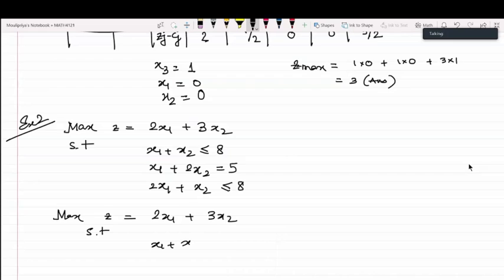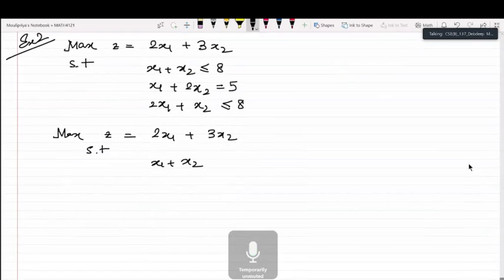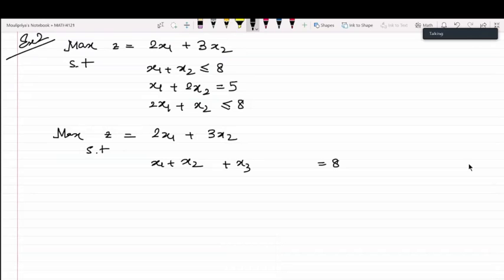x1 plus x2. What do we do with the first constraint? Plus x3 equal to 8. Second one, x1 plus 2x2 equal to 5.